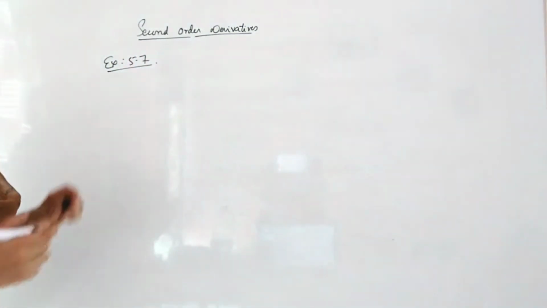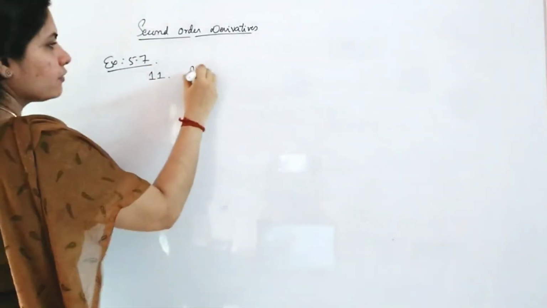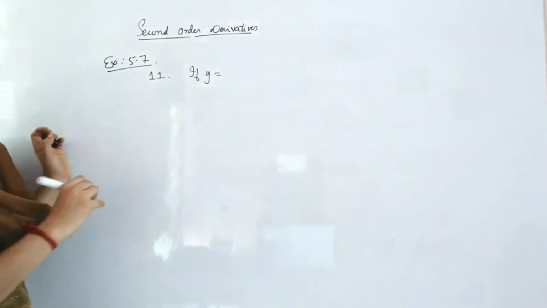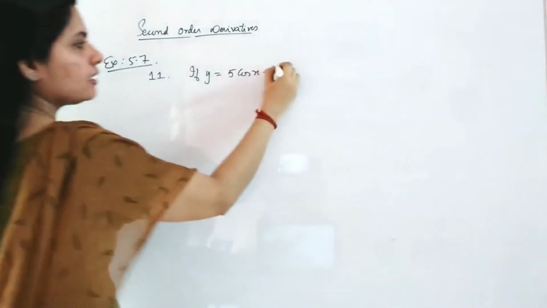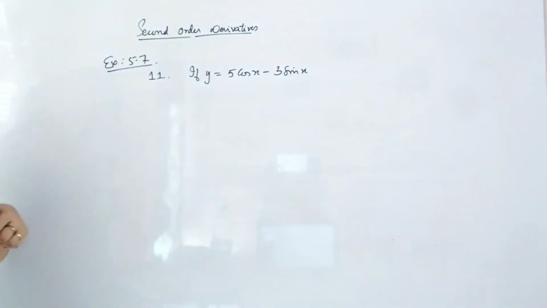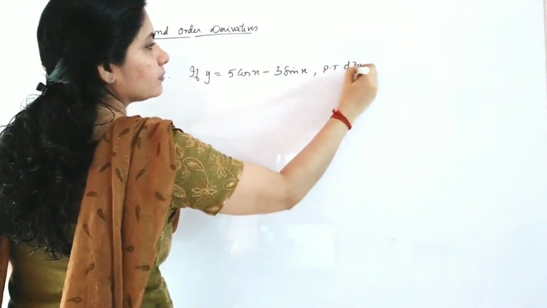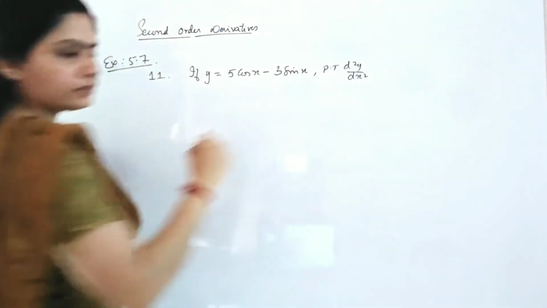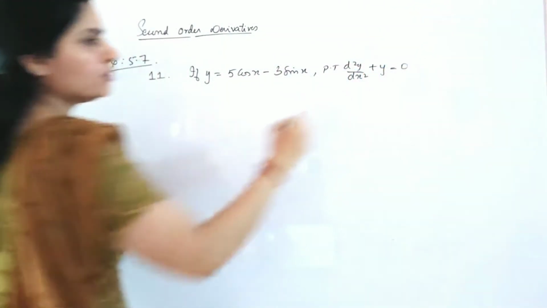Okay. Next is 11th one, which is: if y is equal to 5 cos x minus 3 sin x, prove that d square y by dx square plus y is equal to 0.